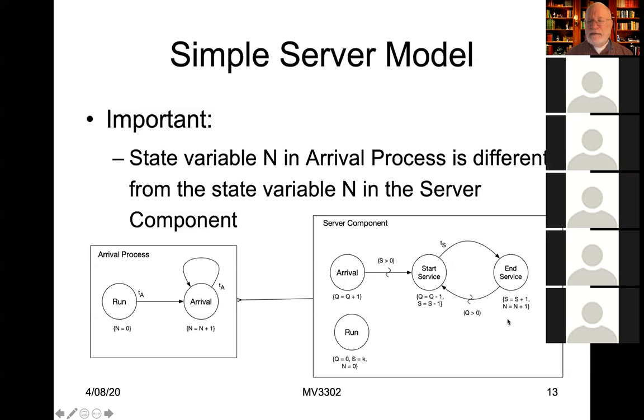The n state variable in the server component will only count the number of customers that have completed service. So at any point in time, the arrival process's n is going to be greater than or equal to the server component's state variable n. But in a sense, they're completely apart from one another.